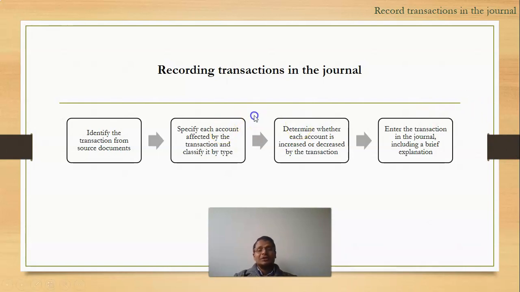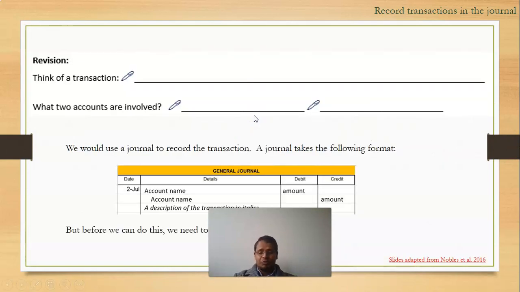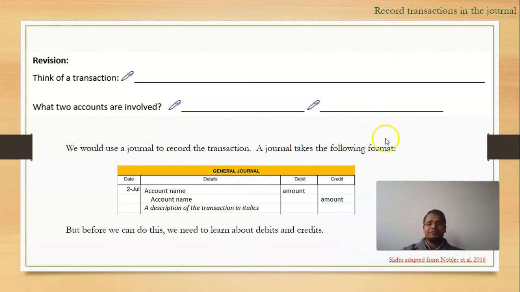All right, so let's see what we can do for a particular account. Think of a transaction, any transaction. This is the first thing: you need to assume a transaction, and then identify the accounts involved. At least two accounts should be involved.